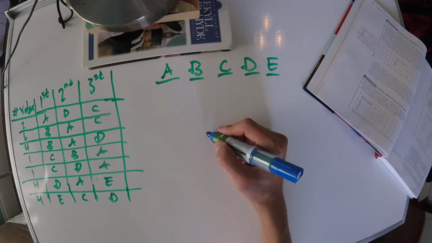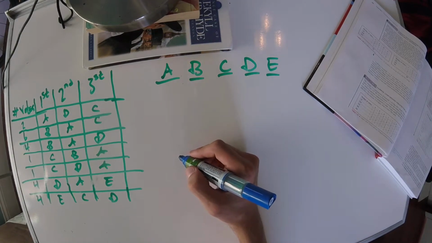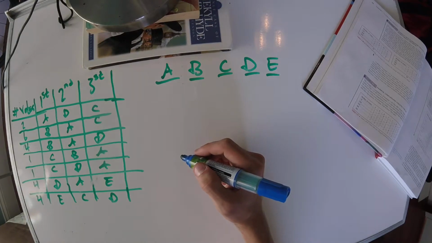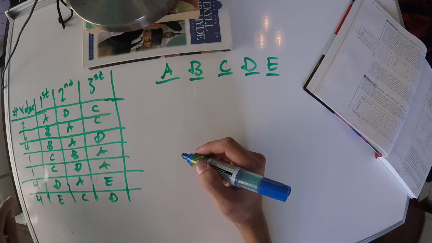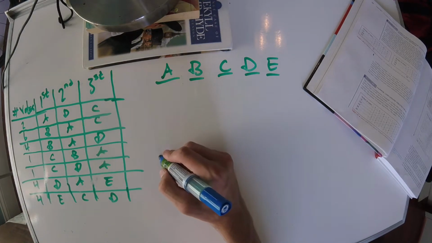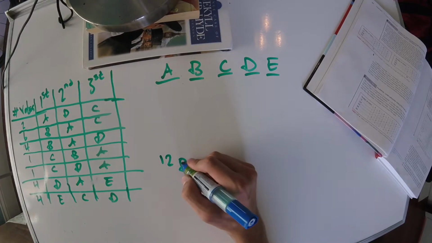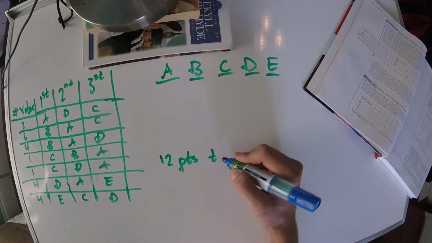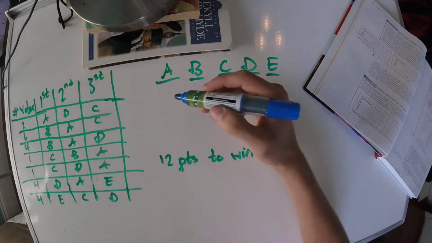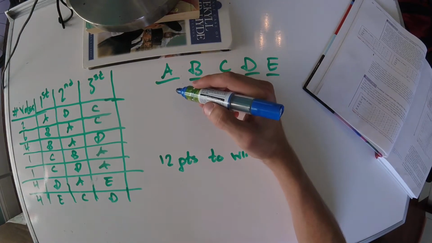So that means more than half of that has to be going to one candidate for them to have the majority. And so half of 22 is 11, so we'll say we need 12 points to win. So with that in mind, we count up the number of first place votes that each one gets.